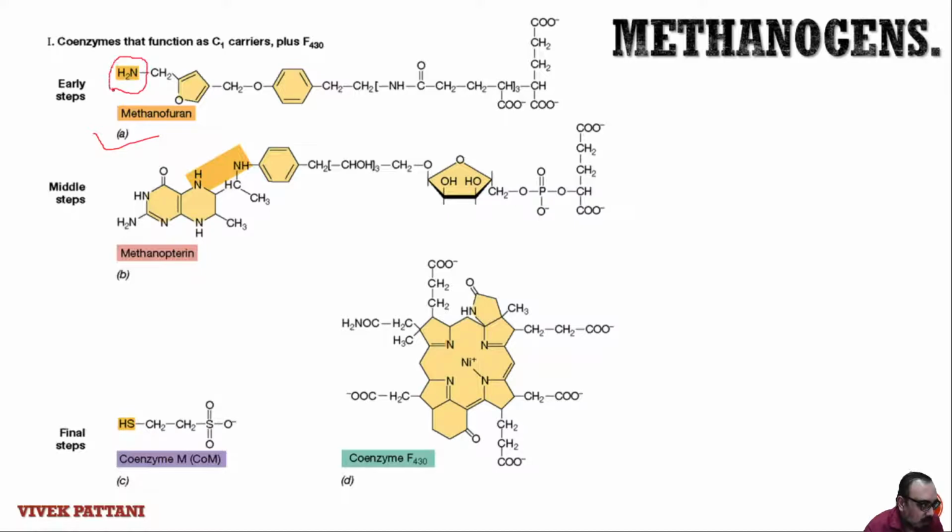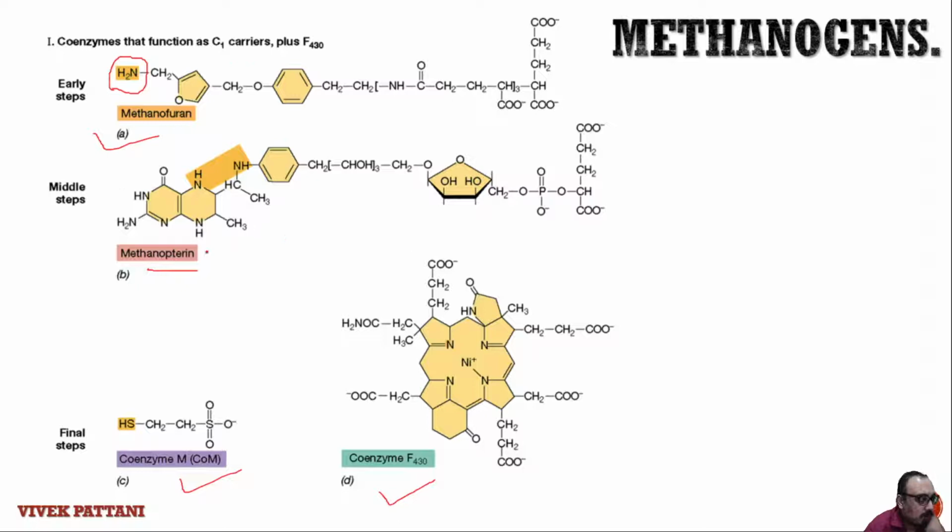Here is the place where transfer occurs in the case of methanofuran, and this one is methanopterin. This one is coenzyme M and coenzyme F430.